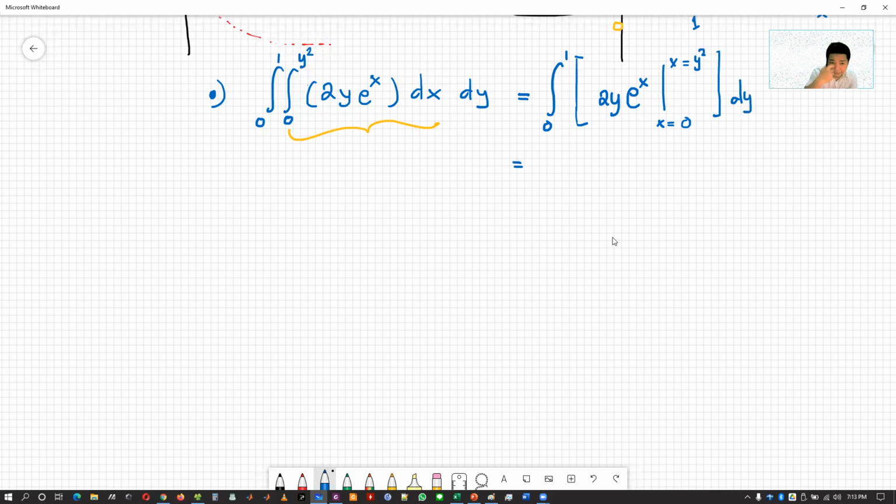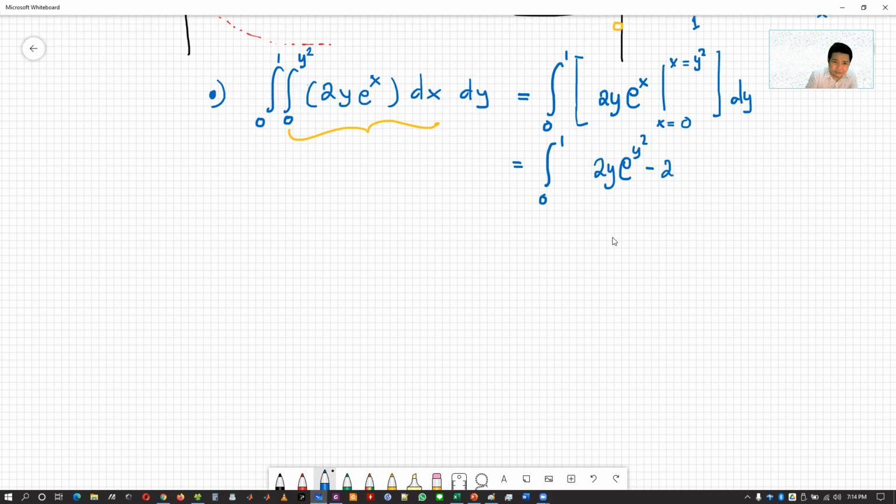So we calculate the inner integral first. I first substitute the function itself here. So what do we have? We have 2y e to the power of y squared. I just simply substitute it.